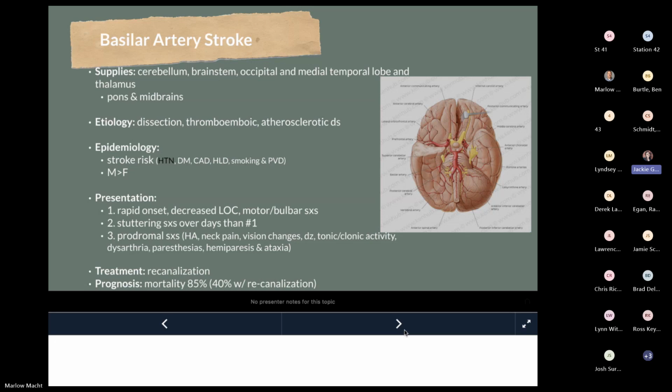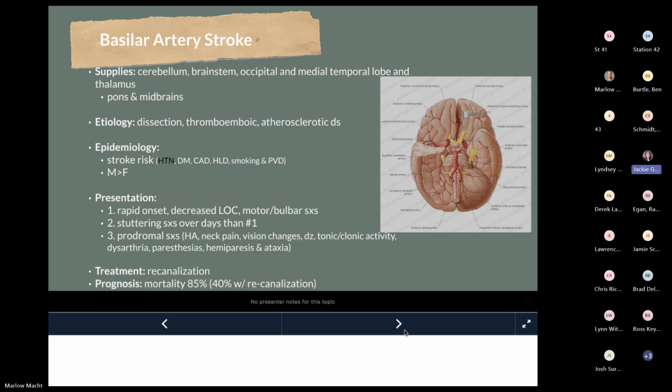The presentation has 3 potentials, but overall these can be very difficult, either because they're kind of mixed and vague symptoms, or because the patient is unconscious. One presentation can be rapid onset with decreased level of consciousness and motor and oral lingual complaints.